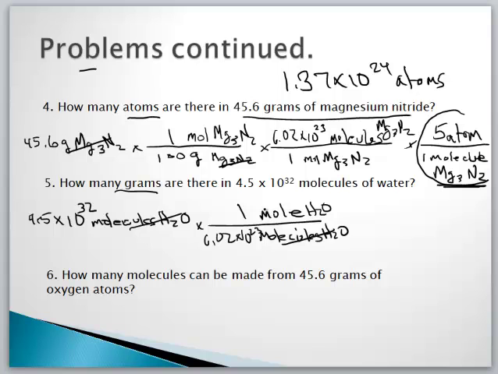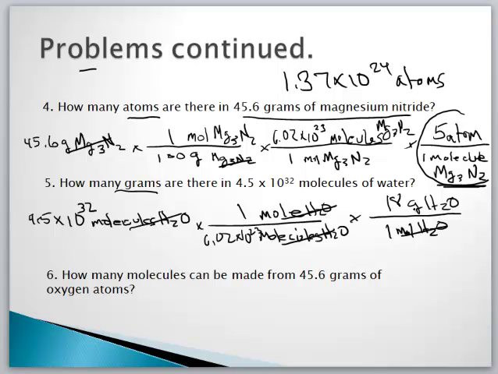And then what we can do is our next conversion, 1 mole of water, you want to think to yourself, can we go from moles to grams? And sure, molar mass of water is 18. 2 times 1 plus 16 is 18 grams per mole.